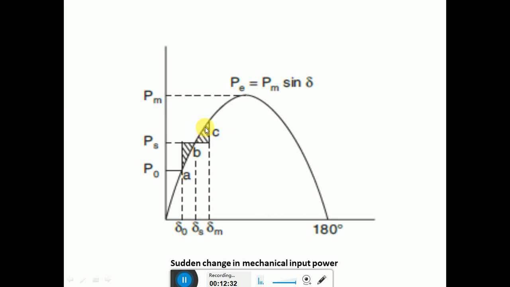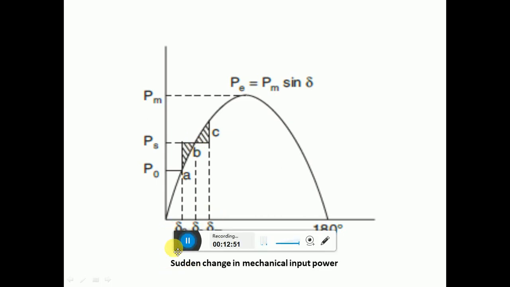The machine will change its output in such a way that it will reach the point where mechanical power is balanced by electrical power, and there will be no acceleration or deceleration, so it will run at synchronous speed at this point.